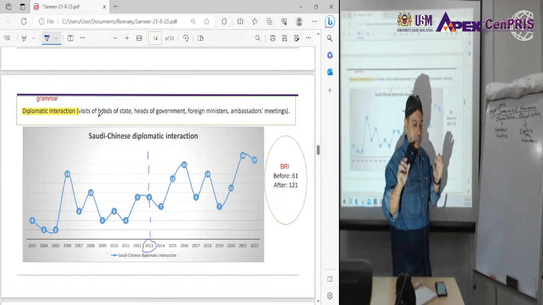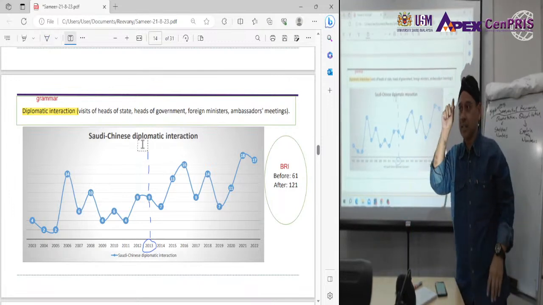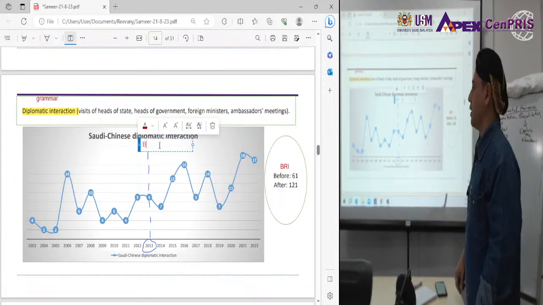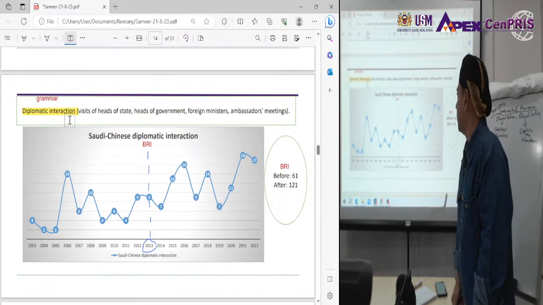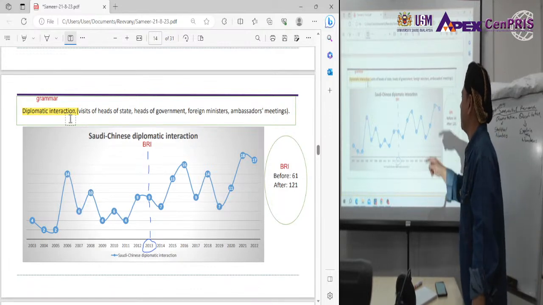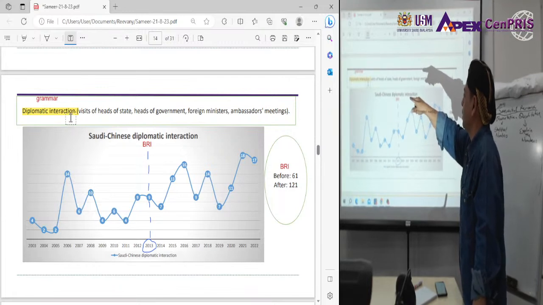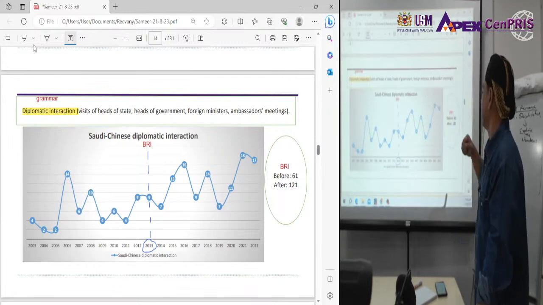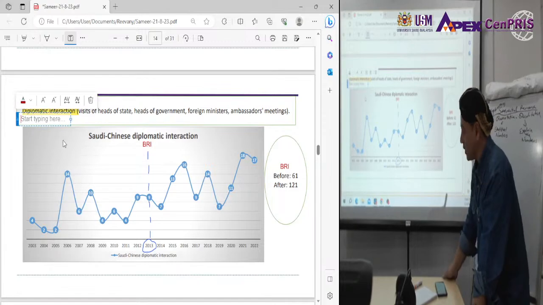So they know that it's an indicator of political proximity. And this is a good one. Oh, brilliant. Okay, let's go to the next slide. It's good that Hanif is making notes for you there.